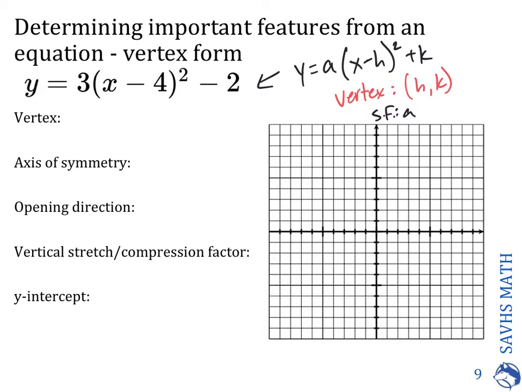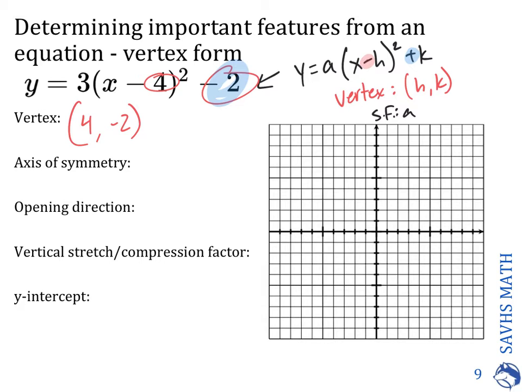Okay, so in this vertex form, h is 4 and k is -2. h is 4 because there's a minus right here. k is -2 because there's a plus here. So be careful about what's positive and what's negative and what that means for where your vertex is.